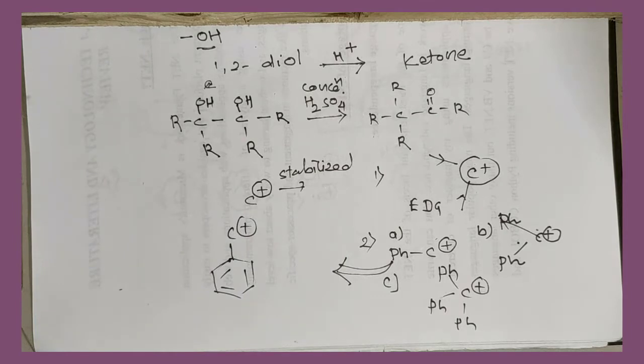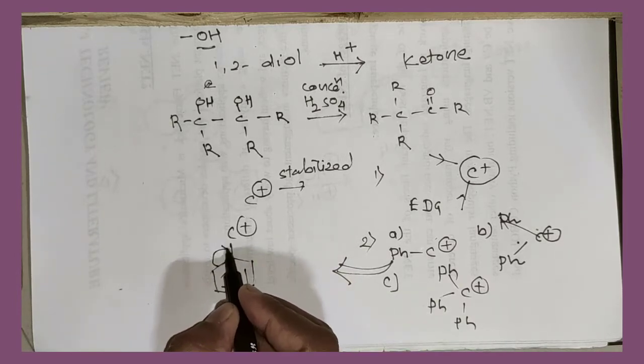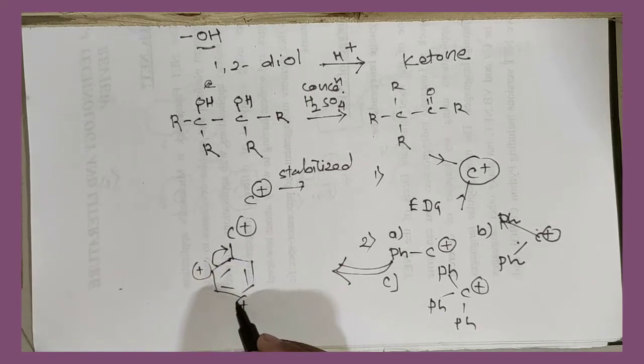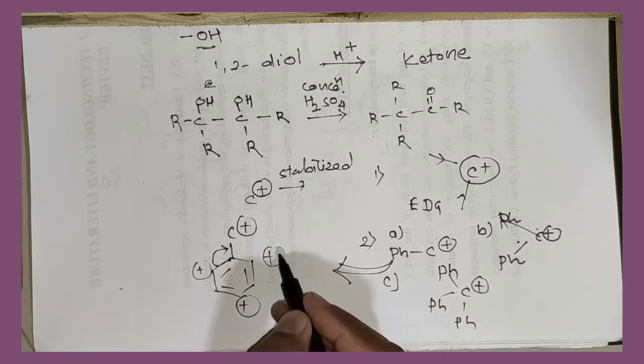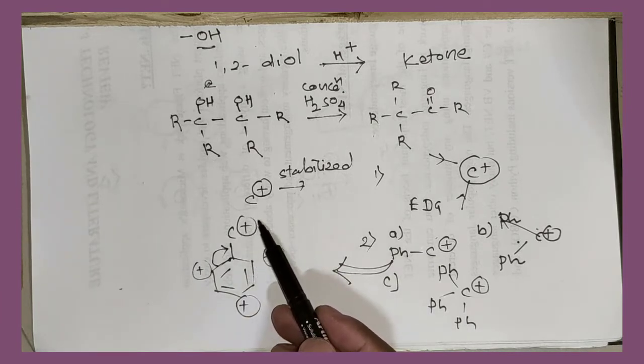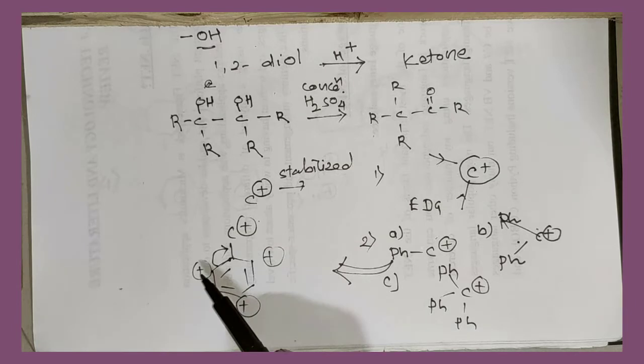Now we know that this benzene ring is in conjugation with the carbocation, so this bond transfers to here, this positive charge comes here, then this positive charge comes here, and then here. So here the carbocation's positive charge is in resonance with the one phenyl ring.